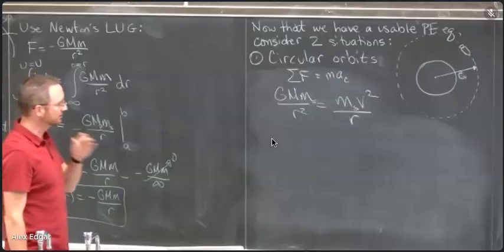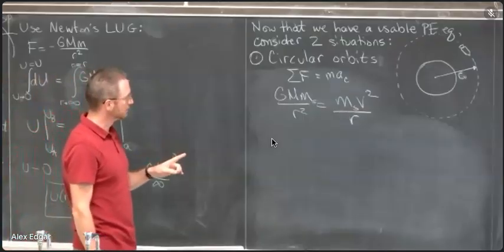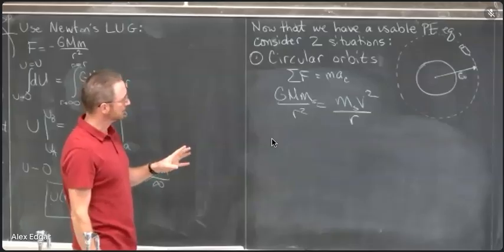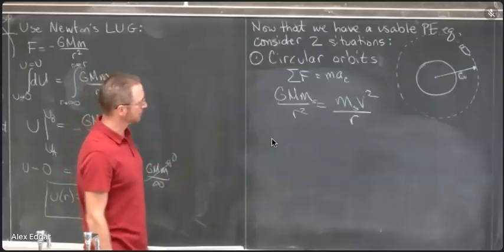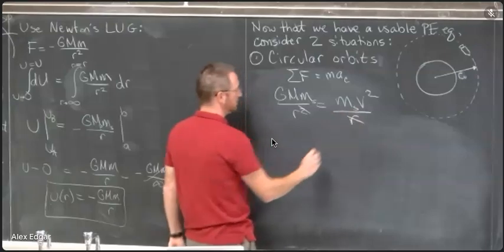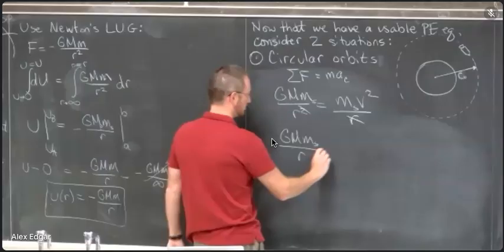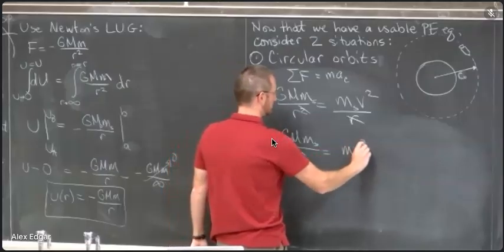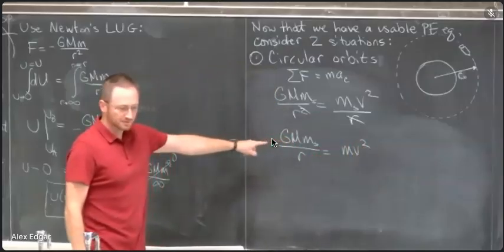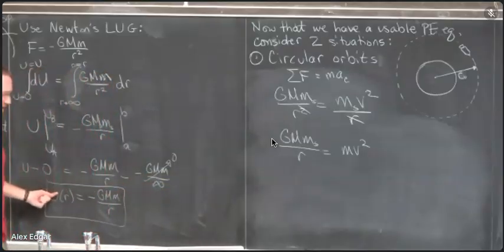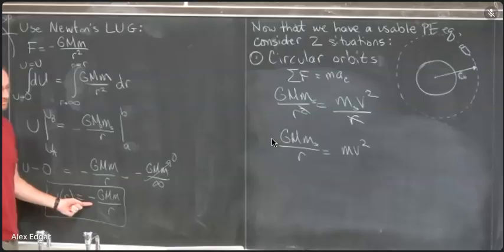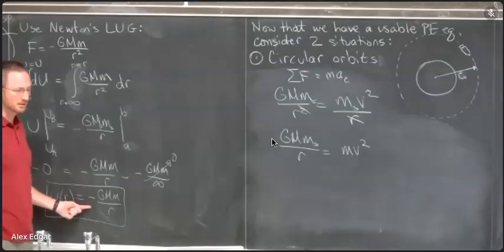Now, let's just do one minor adjustment. Let's get rid of one of those r's. So you cancel, you cancel. This guy on the left should look very familiar because we just got almost that. We're only missing a minus sign.